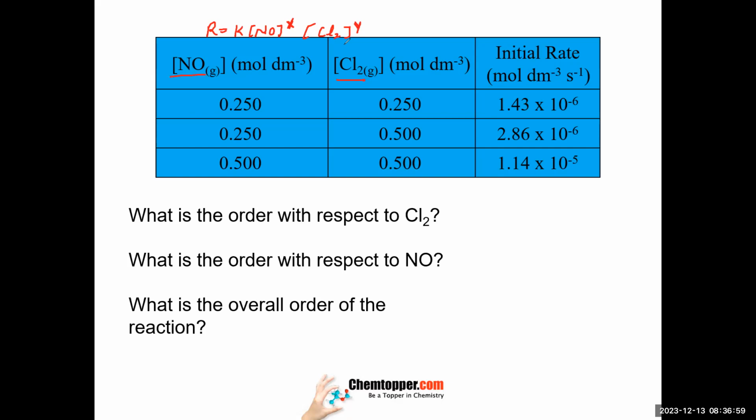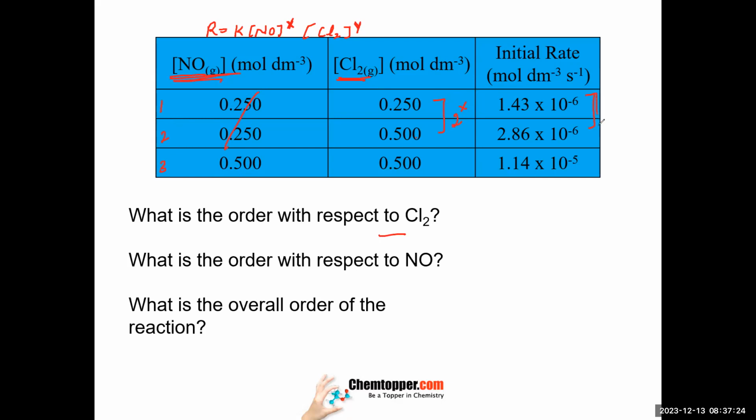Done? What's the order with respect to Cl2? So I have to pick up experiment where NO is not changing. Where? 1 and 2? Check, check. This is double, 2 raised to power x.